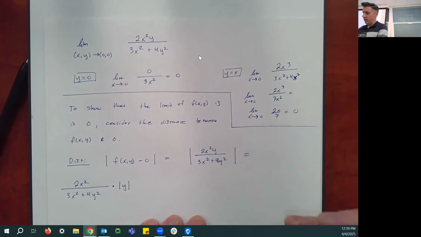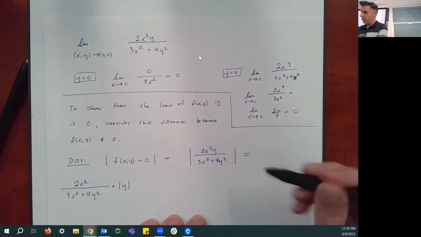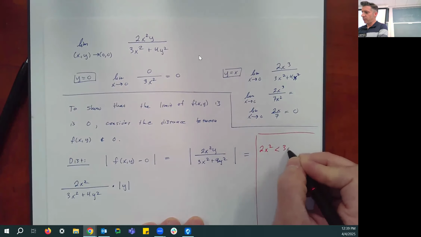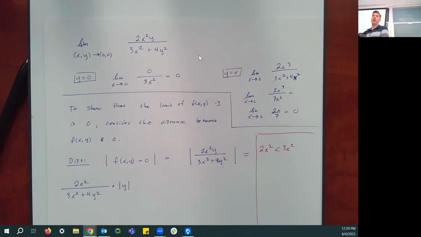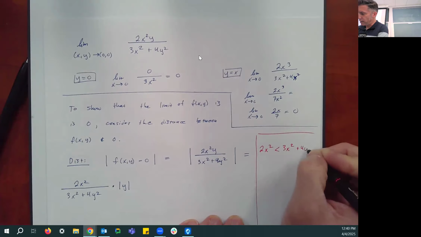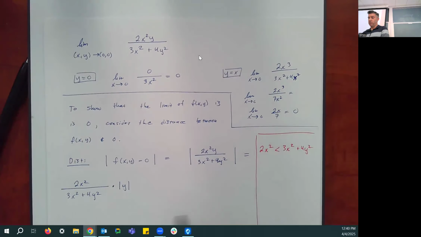So what we're going to say here is, well, check this out. 2x squared is definitely less than 3x squared. Right? Whatever x is, 3 times x squared, which is positive, is always going to be bigger than 2 times x squared, which is positive. And then if I add 4y squared, still true. 2x squared is definitely less than 3x squared plus something that's non-negative.